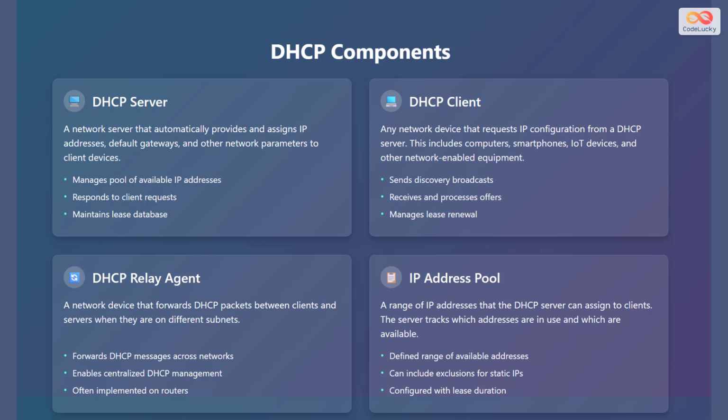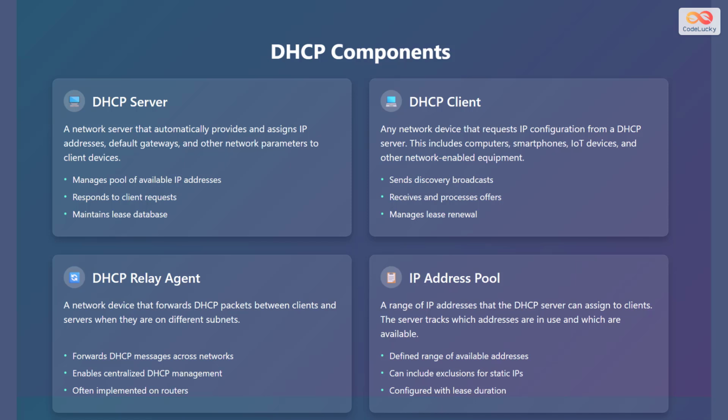Let's explore the key components of DHCP. First, there is the DHCP server, a network server. It automatically provides and assigns Internet Protocol addresses, default gateways, and other network parameters to client devices. The DHCP server manages a pool of available Internet Protocol addresses, responds to client requests, and maintains a lease database.